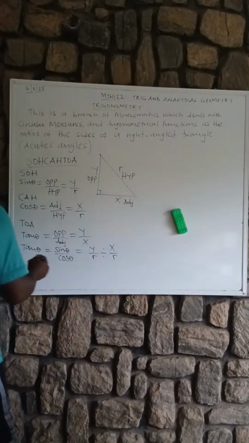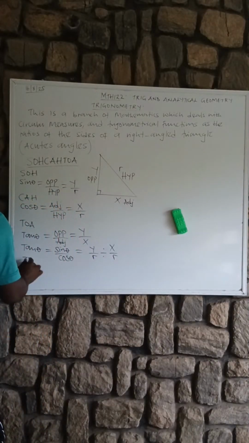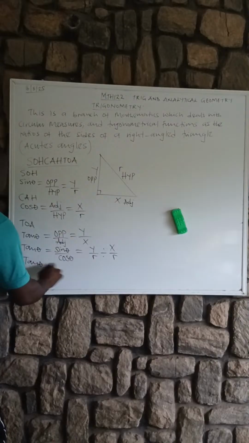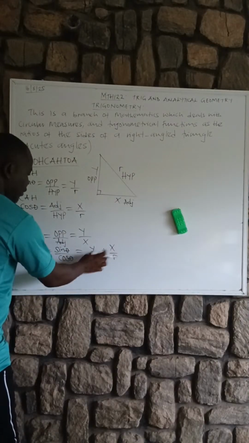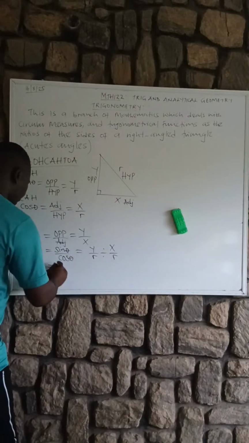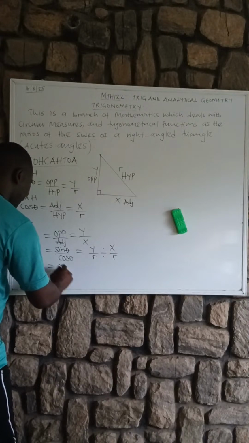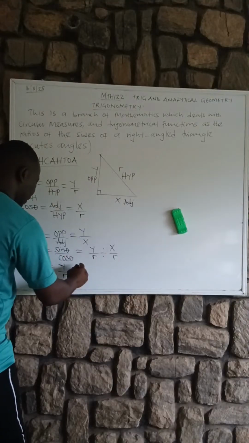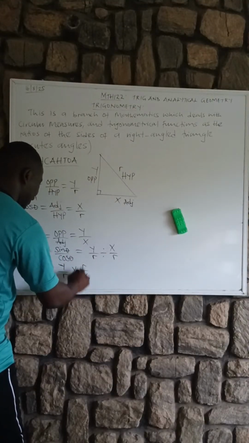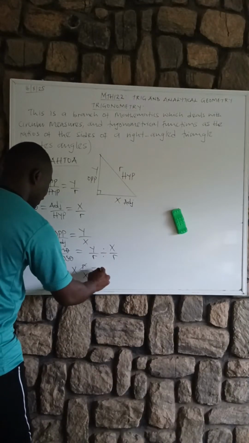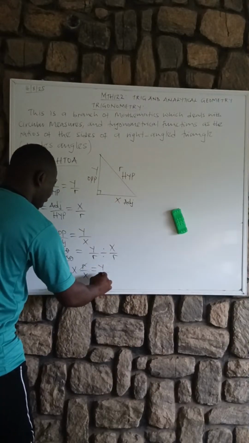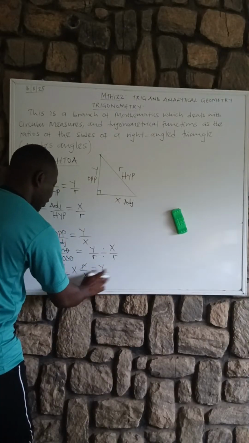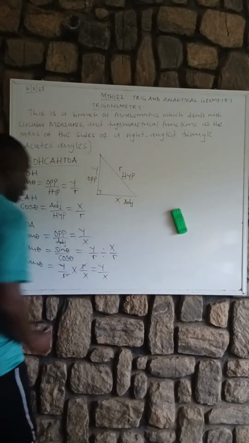As you can see now, you don't need a prophet to tell you our tan theta is equal to, by the time you convert this to multiplication, y all over r times this r will come up, x will come down, all over x.